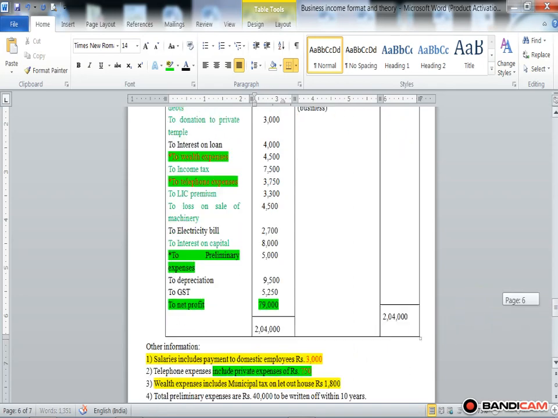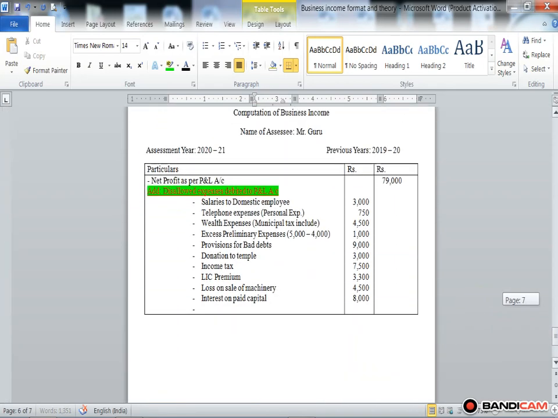Okay, so make the total of the inner column and add all these expenses.